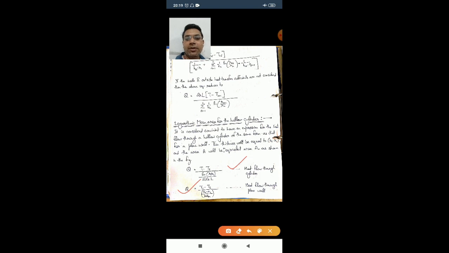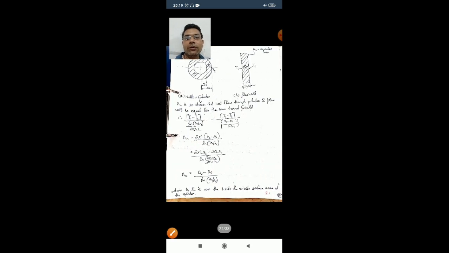So that means heat transfer from the cylinder will be equal to the heat transfer from the plane wall. So equating both the equations, we get this, and the mean area after rearranging the terms comes out to be this, where A naught and Ai represent the outer surface area and the inner surface area respectively.